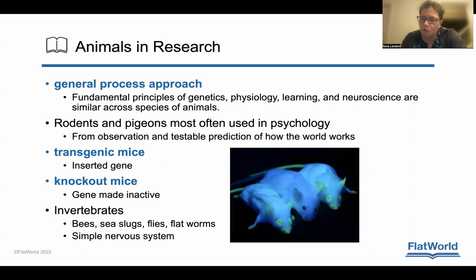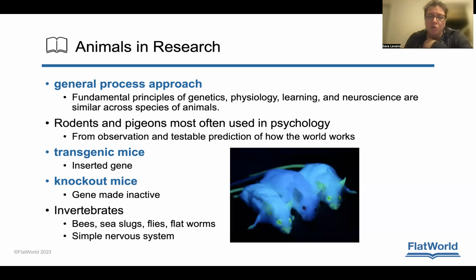They can learn complex tasks. So we can learn a lot about neuroscience, physiology, and how genetics change over time in rodents, because they also replicate so quickly. And then we can also use particular procedures to determine even more information about genetics, physiology, learning, and neuroscience.